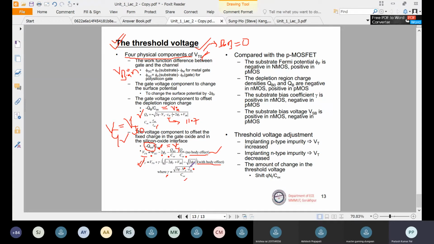Whatever doping concentration of the substrate is there, that will be depending on that. अगर हमें डोपिंग ज़्यादा अगर हम करते हैं तो गामा वैल्यू विल बी हायर एंड द थ्रेशोल्ड वोल्टेज विल आल्सो बी हायर. So these are the different parameters that will be affecting the threshold voltage. ठीक है, तो ये क्लियर हुआ कुछ.